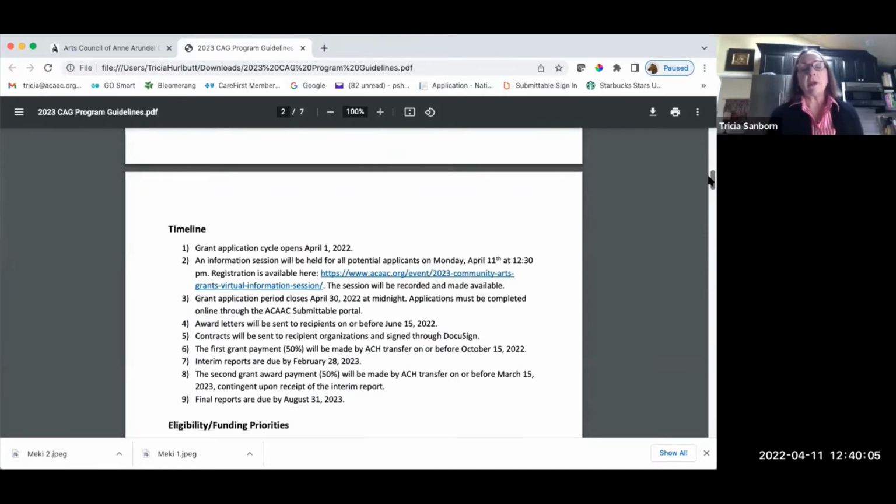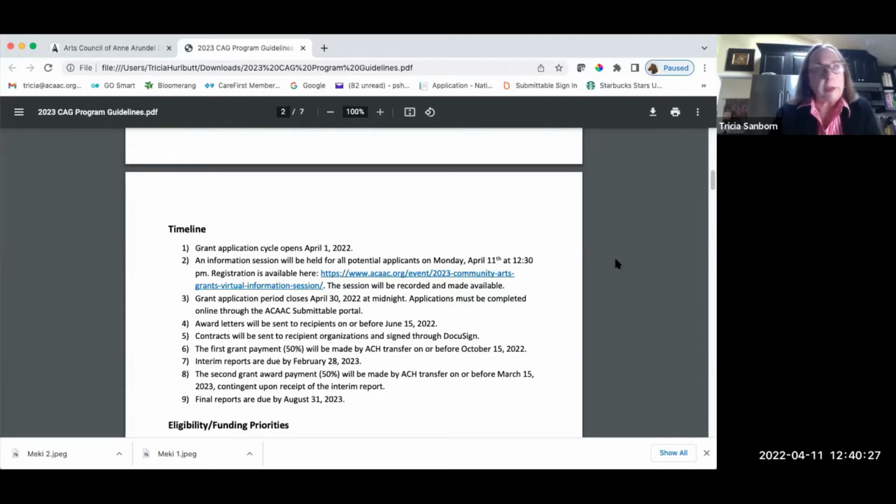As you probably know, the applications have already opened. They will be open until the 30th, and they'll close at midnight that night. We anticipate that you will have your award letter or denial by June 15th. And we are now doing contracts on DocuSign.